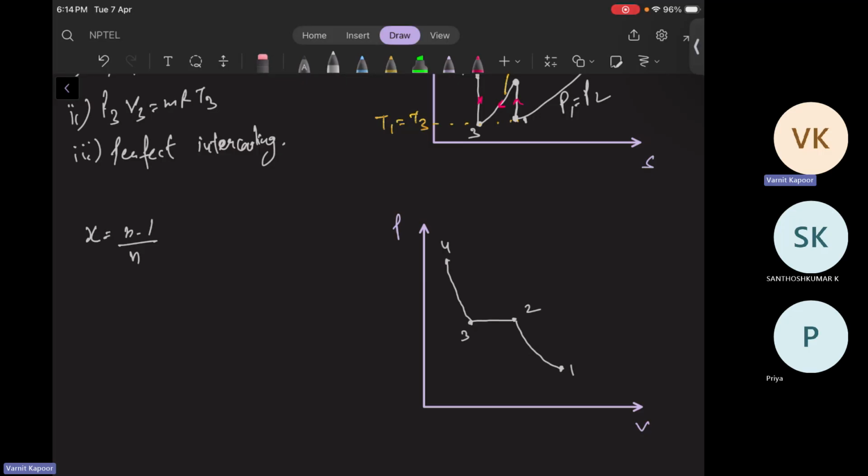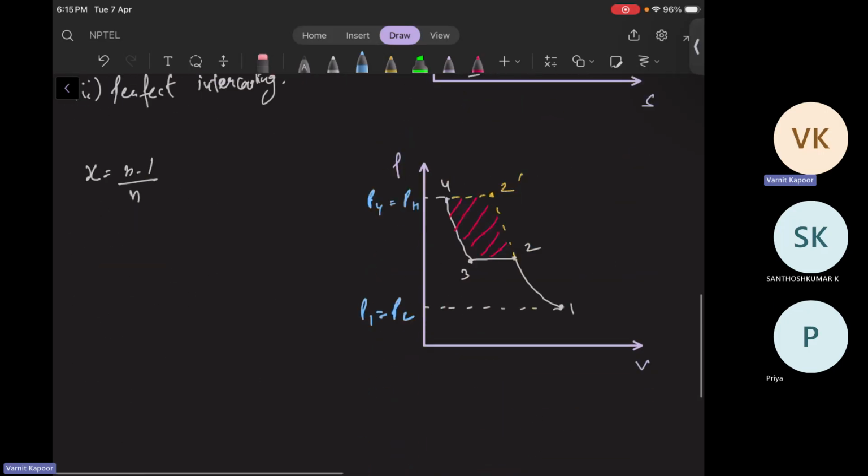When you draw for the open system device, that is your compressor, it is the integral of V dP, change in the pressure. If you would have gone directly from 1 to 2 dash and increased till that temperature, this was a reduction in the work. So this is your P1 is equal to P lower, and this is P4 is equal to P higher. Same terminology as in the above graph I'm taking.